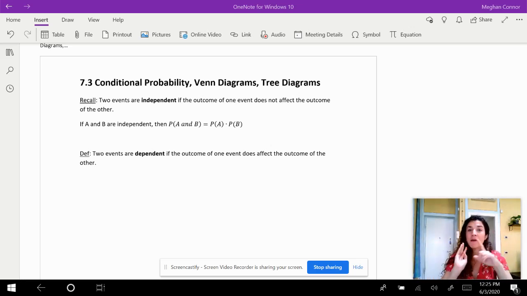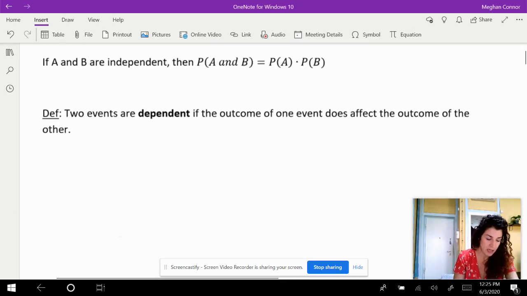So remember that we have the multiplication formula for probability that we use for independent events. We also use it for dependent events. We just need to make sure that the second probability you're multiplying by has this idea of "given that" something has happened before.